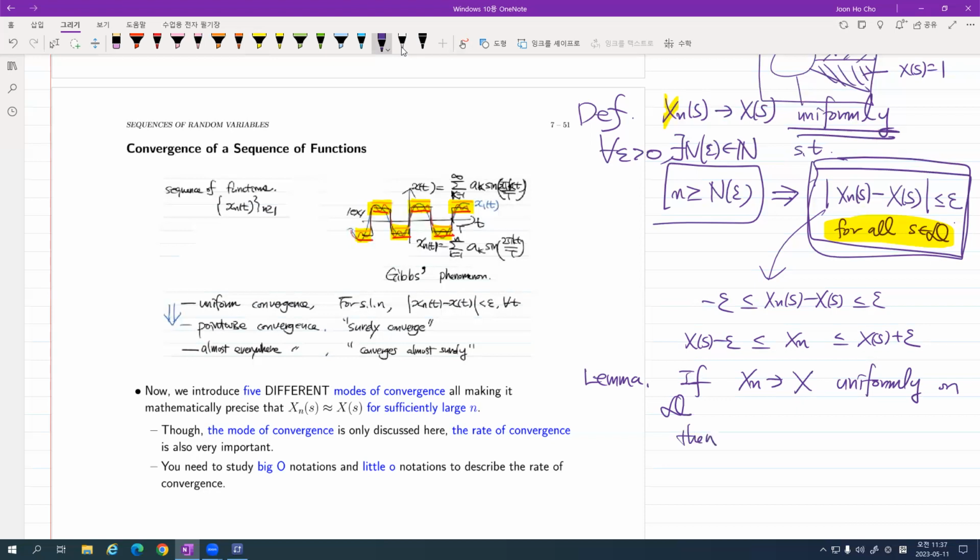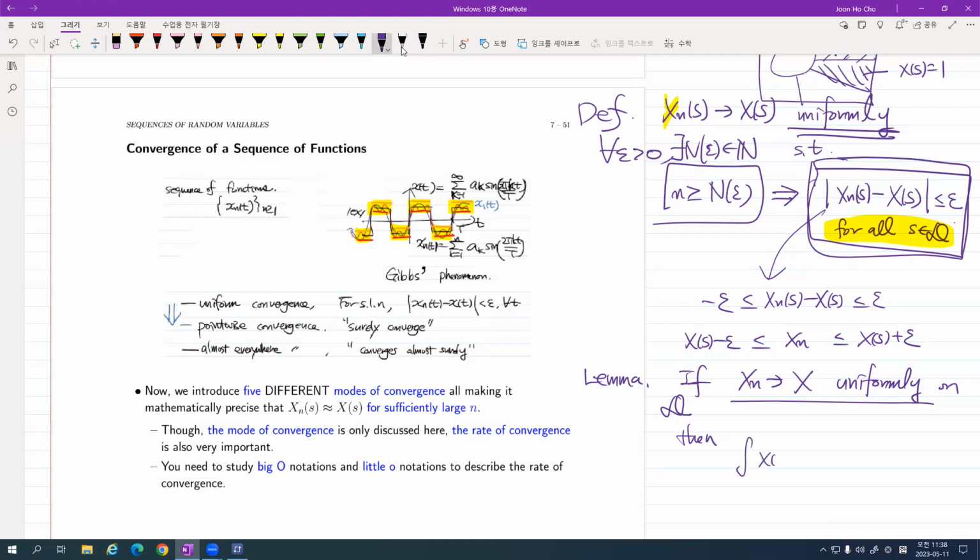Precisely speaking, the x_n's must have the same domain as x for sufficiently large n. But anyway, if x_n converges to x uniformly on the domain D, then you have a very nice property.